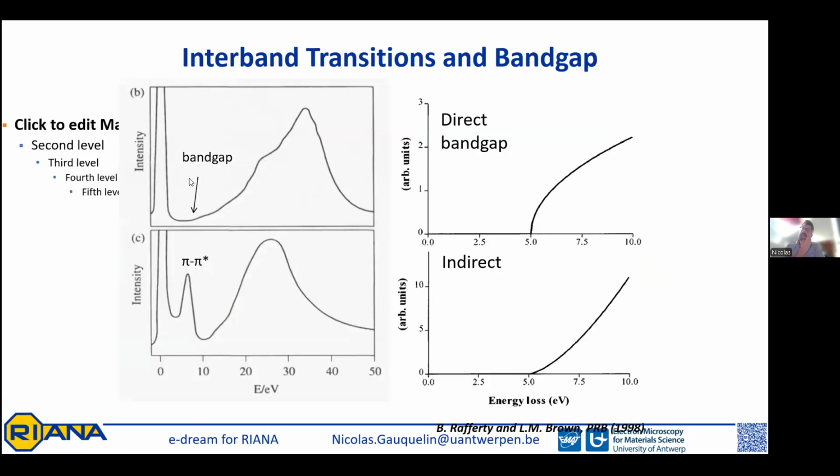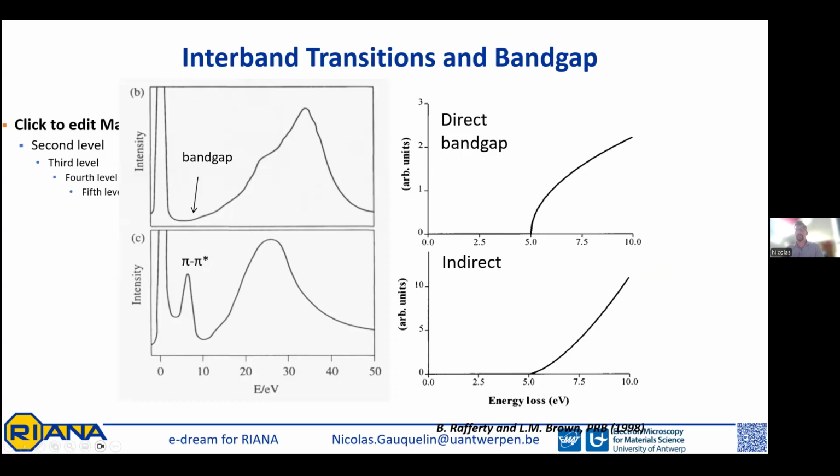Interband transitions and band gap, well, you can also see those inside the EELS spectrum. So here you can see, for example, the band gap. We can measure not only the direct band gap, but also the indirect band gap.